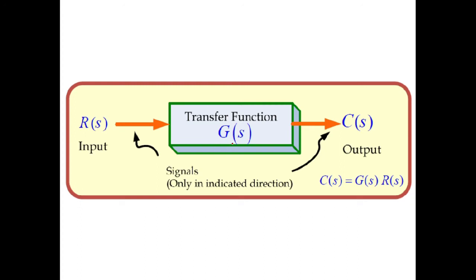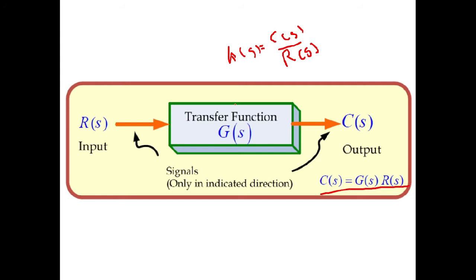If you want to find the transfer function of this system, G of S is equal to the output of the system, C of S, divided by the input of the system, R of S. So G of S is C of S by R of S, and from that we can write C of S as R of S multiplied by G of S, as written here.